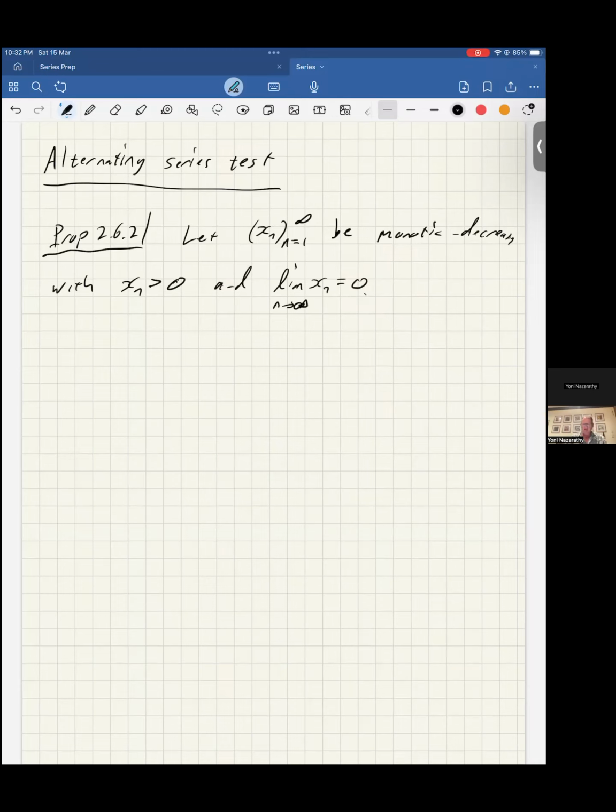Okay, so xn is something like 1 on n, or it's any monotonic decreasing sequence of strictly positive numbers.